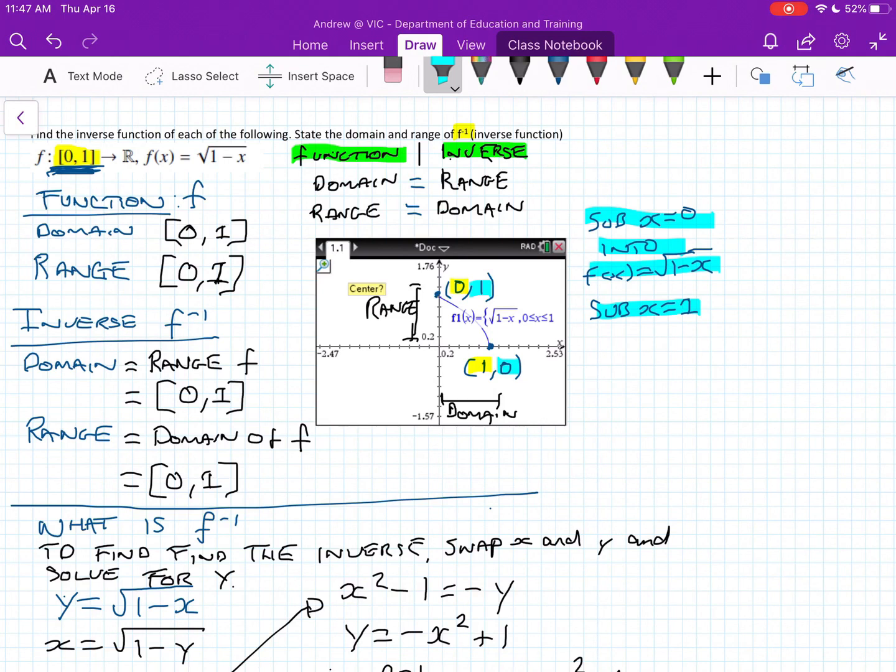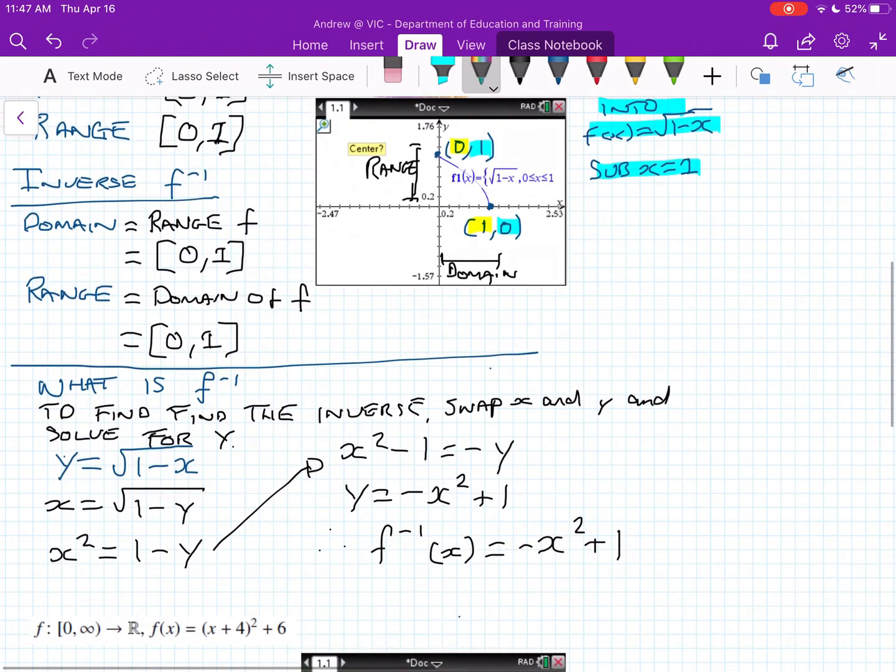Okay, so just remember the two things with inverse functions: this relationship up the top here, the relationship between domain and range and the function and the inverse, and this horribly written sentence here. Okay, so find inverse, swap x and y, and then solve for y. Okay, and that finds your inverse function.